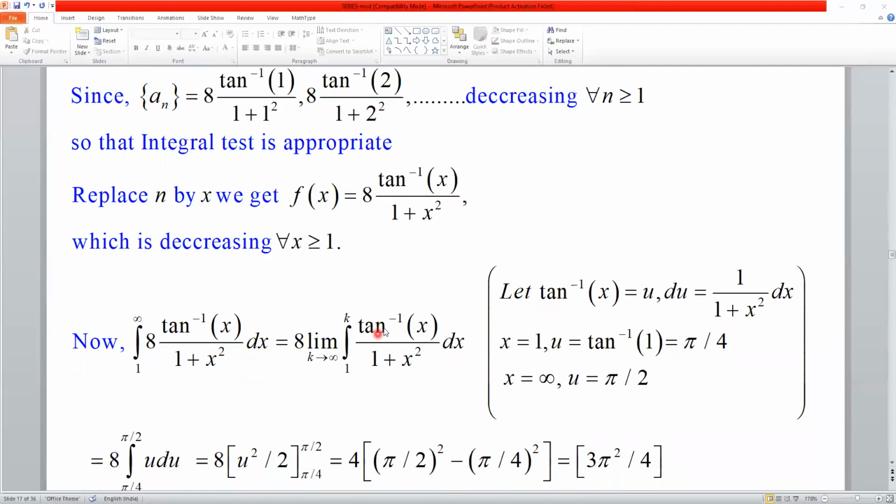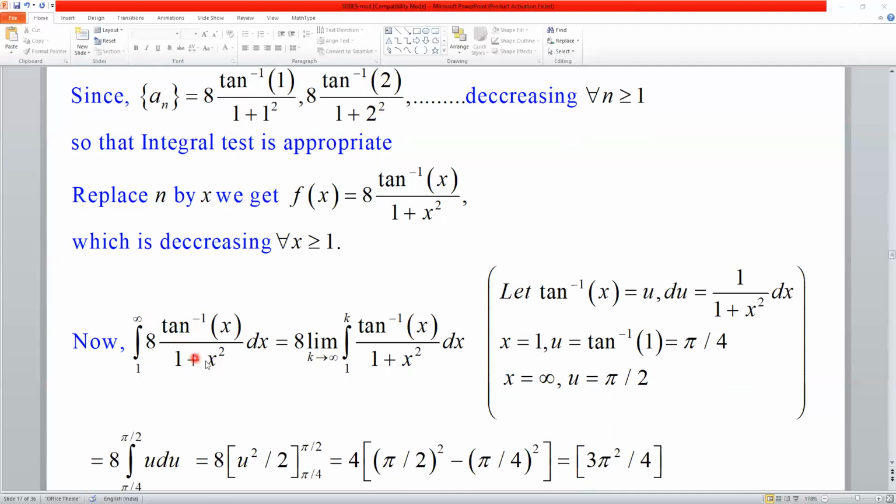So I have taken the substitution tan inverse of x equal to u. What is du? du is nothing but the differentiation of tan inverse of x, 1 by 1 plus x square dx.